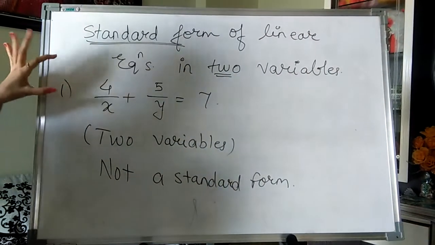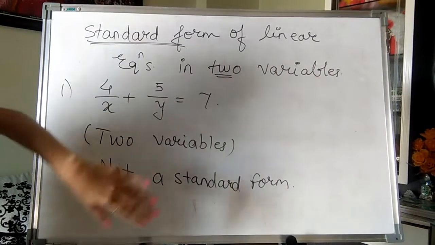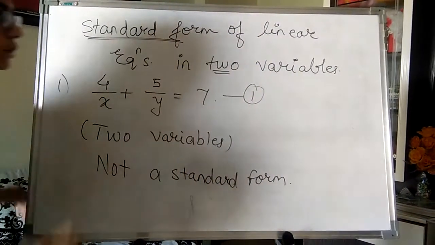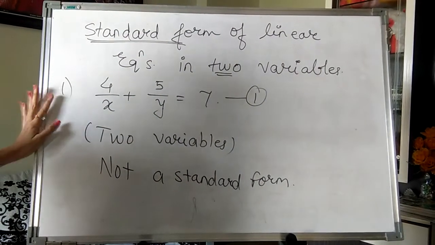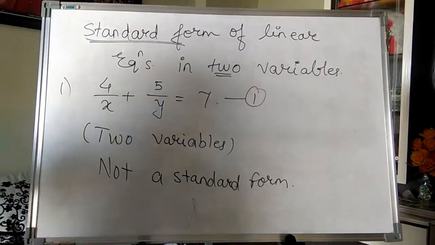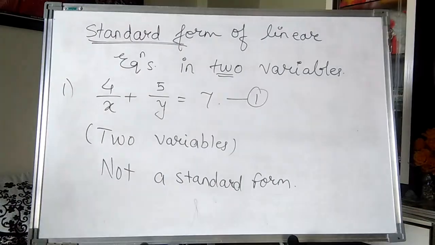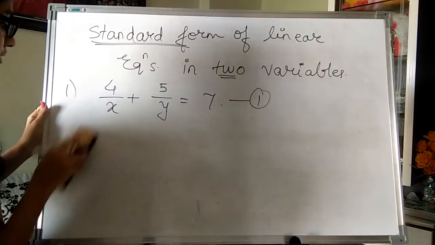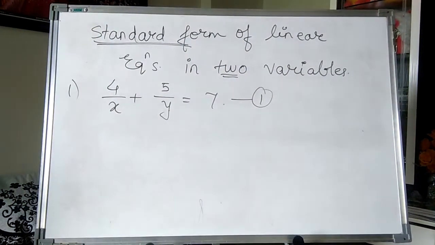So before finding the solution of this equation, another equation is given to you. This is your equation 1. We have to convert this into the standard form. Now how to do this? Let us see. We will consider this equation first.